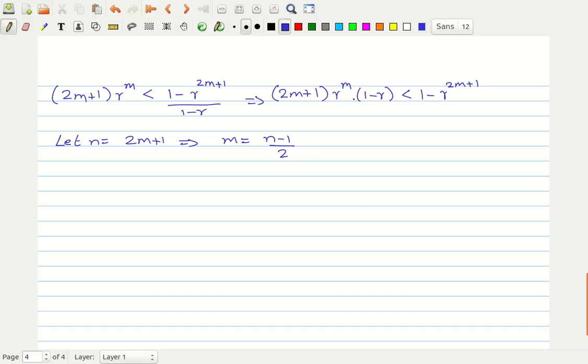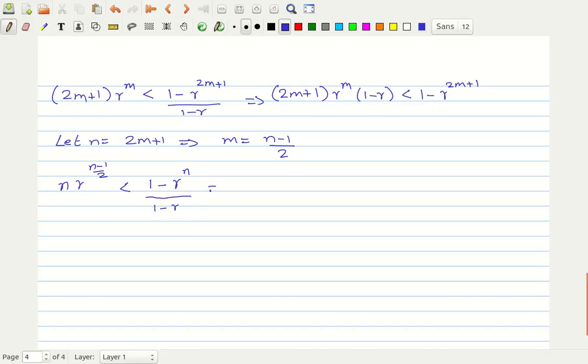Now simply put the value of n over here. So this expression means that n times r to the power m, which is (n minus 1) by 2, is less than (1 minus r to the power n) divided by (1 minus r), right?